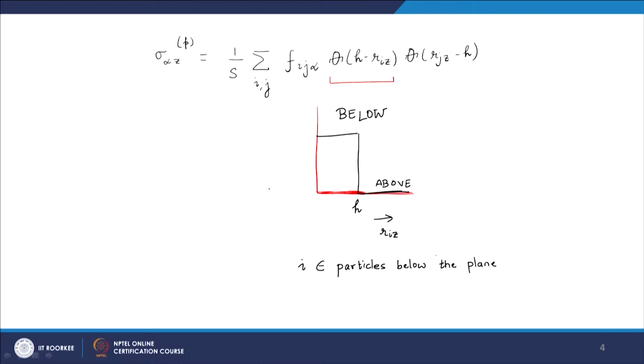We can do the same idea for the second theta function, and what we will see is, since we have swapped the sign of the argument here, we are going to have an opposite function here.